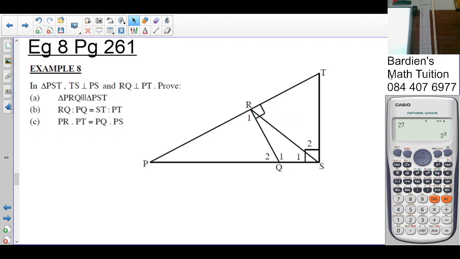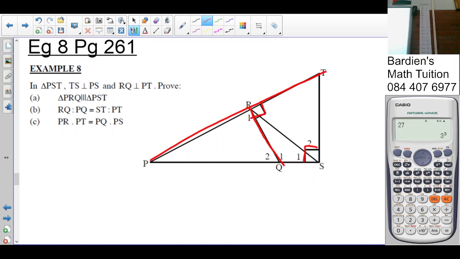Right, here we go. We can't wait for Ashley any longer. So we are told that in triangle PST, which is a big triangle there, TS is perpendicular to PS. Okay? Which means to say this is 90. Then we are told that RQ is perpendicular to TP.